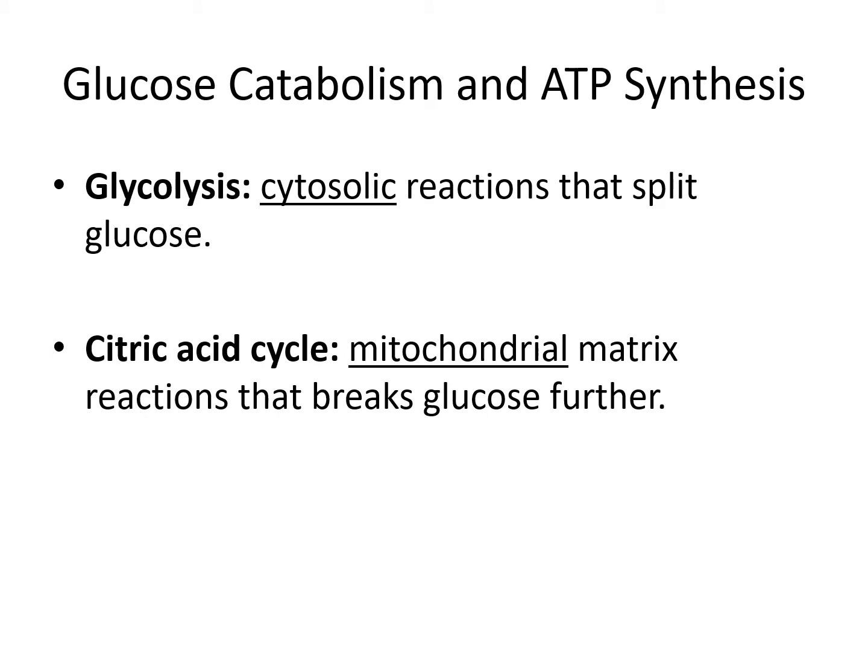Now, glycolysis occurs in the cytoplasm, and these are the reactions that are going to split the glucose molecule. The citric acid cycle occurs in the mitochondrial matrix, and this will break down glucose even further, because you notice that none of the carbohydrate remains at the end of that last reaction we showed.